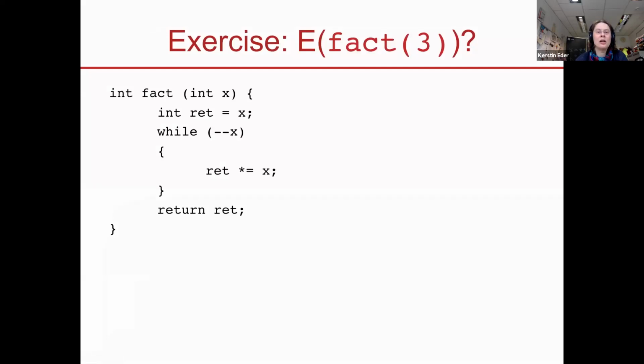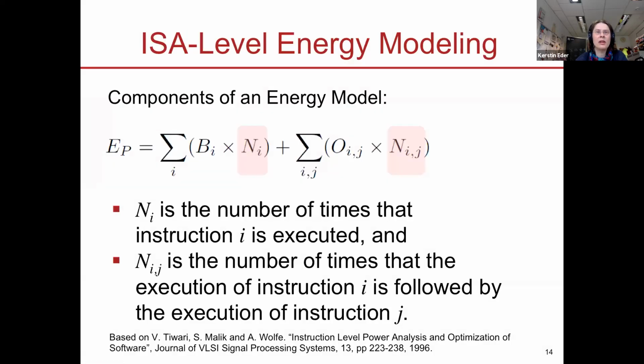Okay, so we've got effectively two things to worry about. These two constants for each instruction and each instruction pair, which we can measure. They are not program specific. And then these counters, these numbers of occurrences, which are program specific.